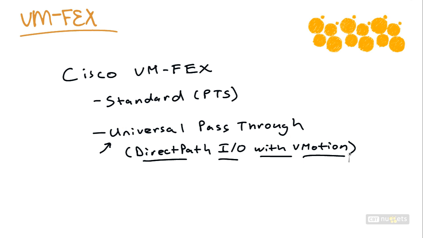These two technologies can coexist, but let me just explain to you that in universal pass-through mode, the VM traffic is processed in hardware, and immediately after it originates on the VM, the traffic is sent directly to the Cisco VIC. It's then tagged with its VN tag, and it's sent to the Fabric Interconnect for network configuration and layer 2 forwarding.